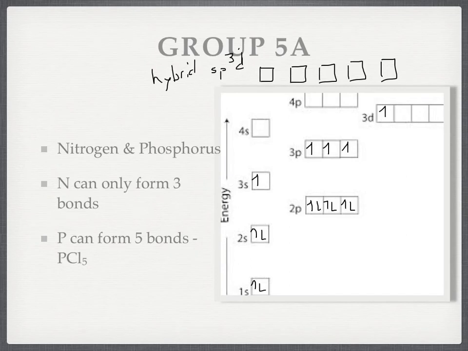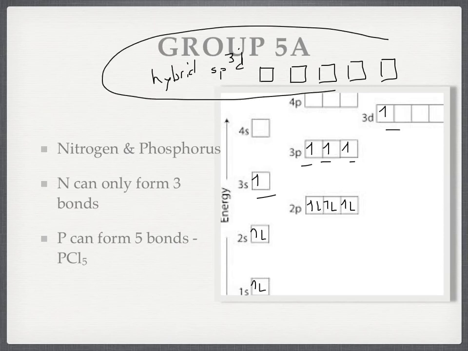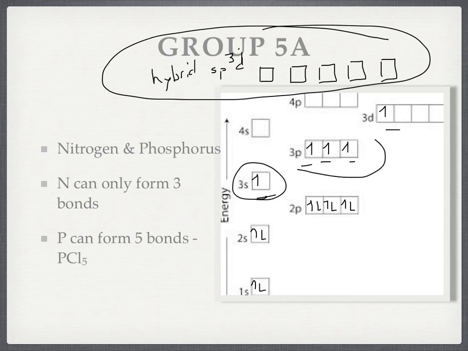So you get something that looks like this, and now you've got 1, 2, 3, 4, 5 possibilities. This is known as the hybrid sp3d. Why? Because we included an s, we included 3 p's, and we included 1 d. So sp3d hybrid.